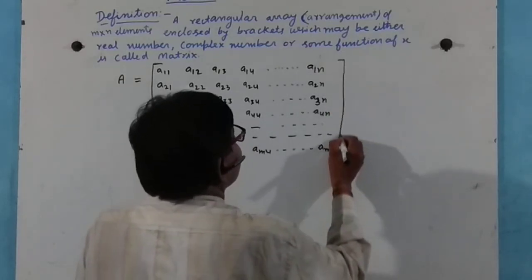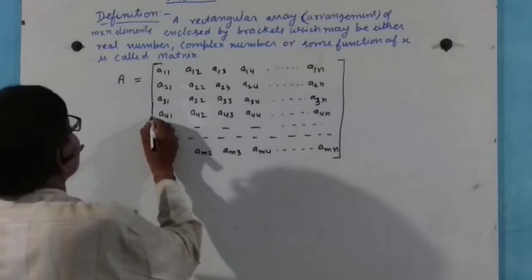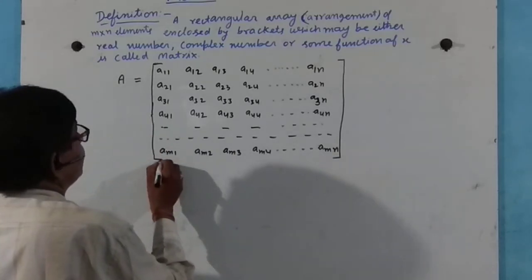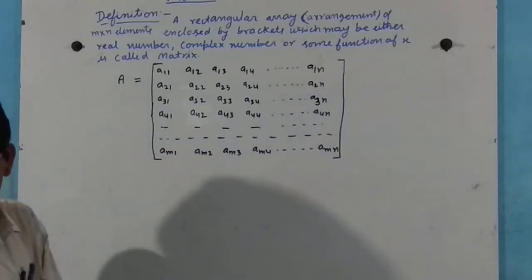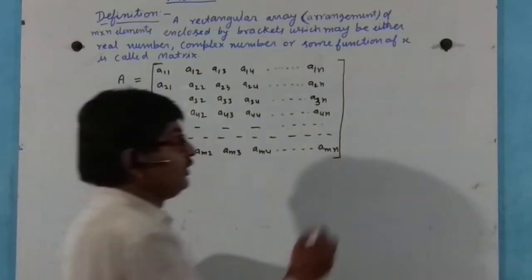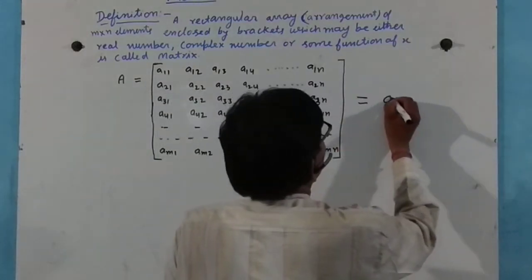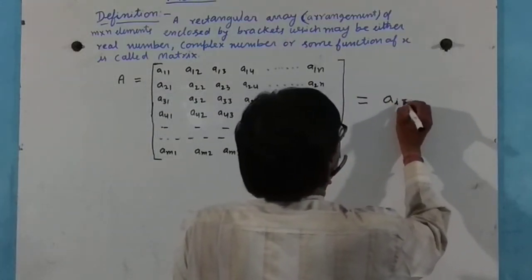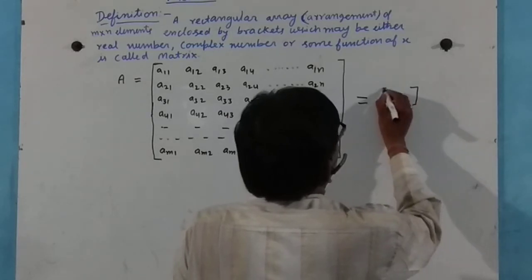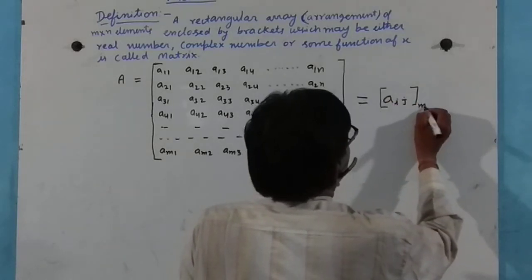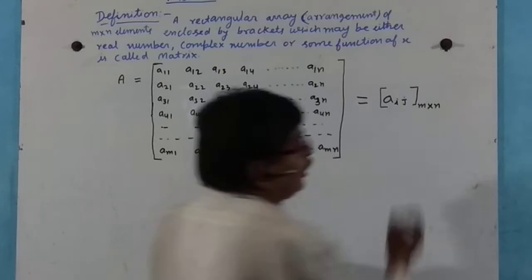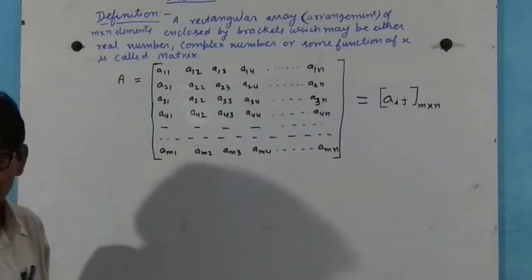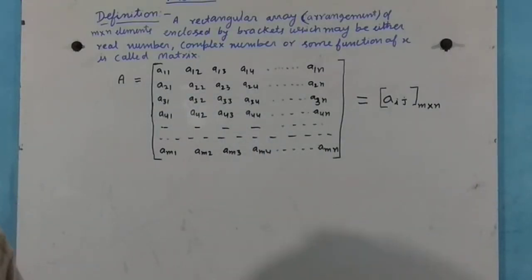This is the matrix Aij, equal to an m cross n matrix, where m is the number of rows and n the number of columns.